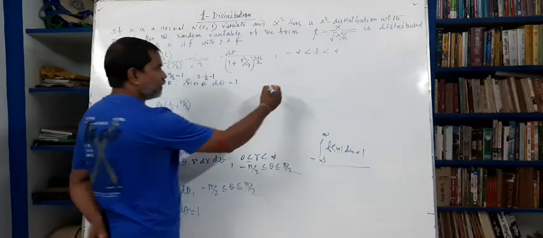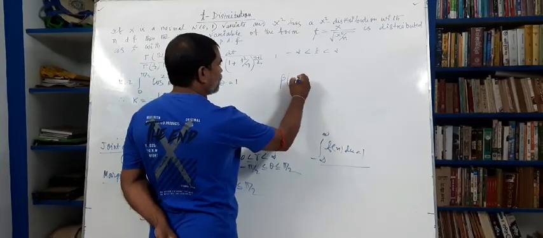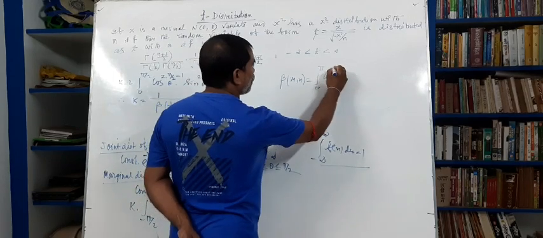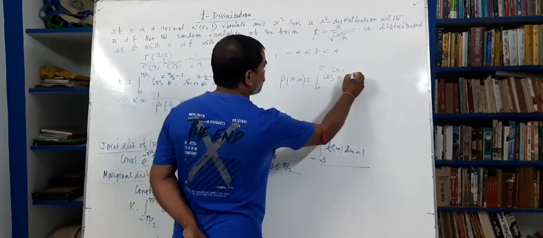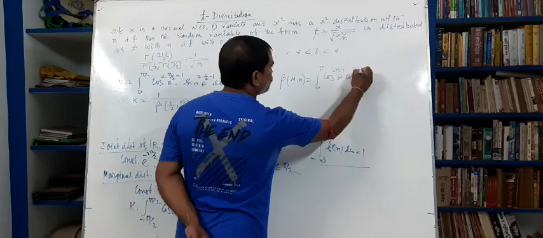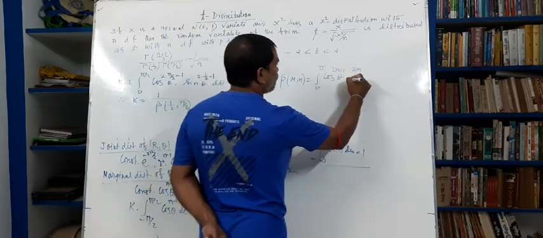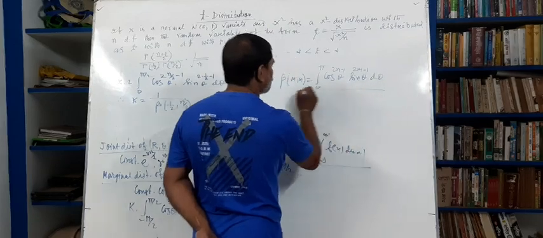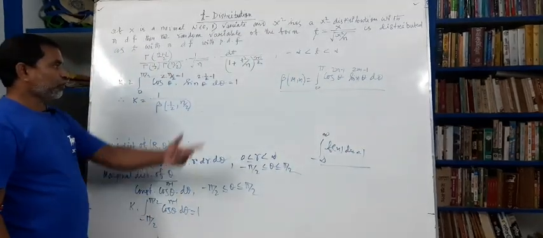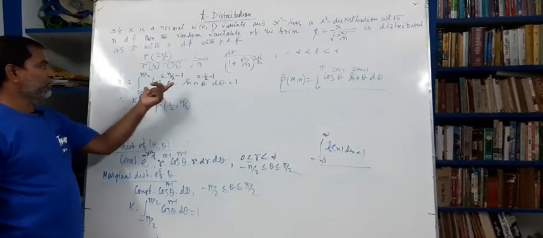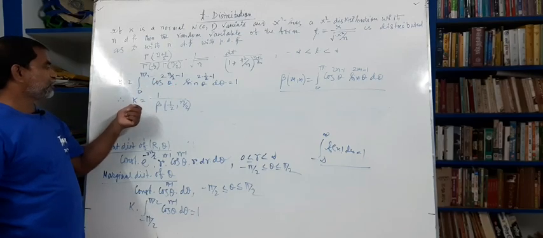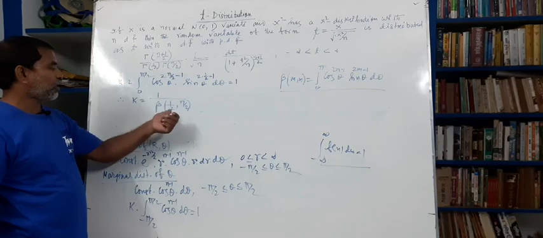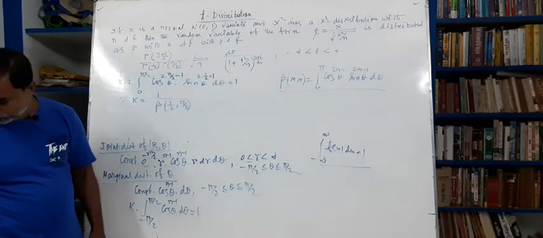You know the beta function, beta m n, equals the integral from 0 to pi by 2 of cos to the power 2n minus 1 theta into sin to the power 2m minus 1 theta d theta. So if we apply this here, then the constant k can be found as 1 divided by beta of half comma n by 2.